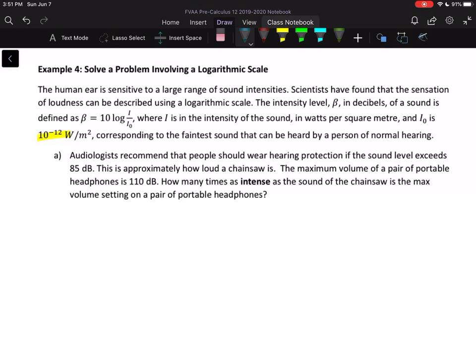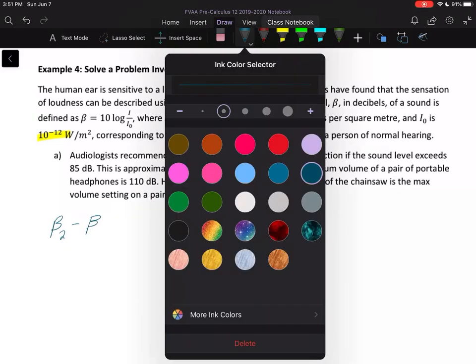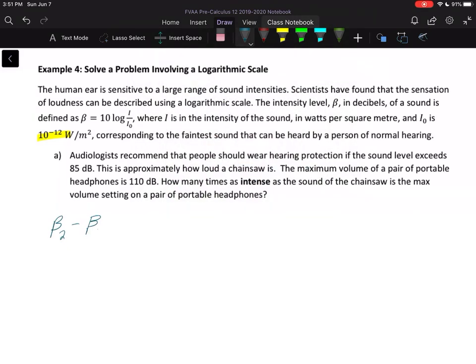So of intensity. So we're looking at beta. If we want to find the difference, right, where the difference is a subtraction. All right, so beta, let's say of the louder one minus a smaller one.